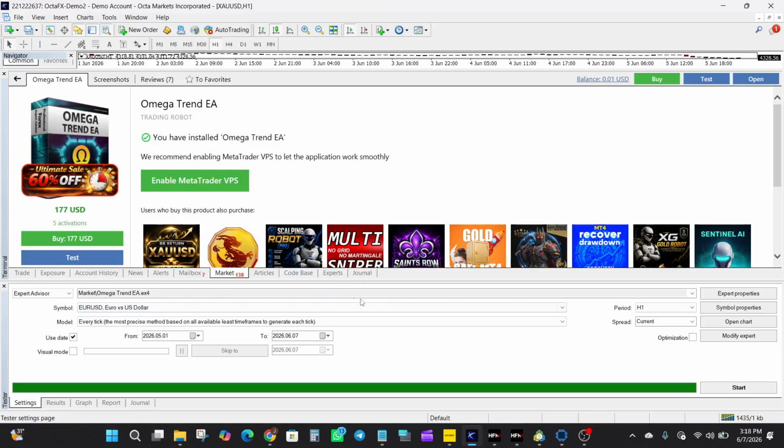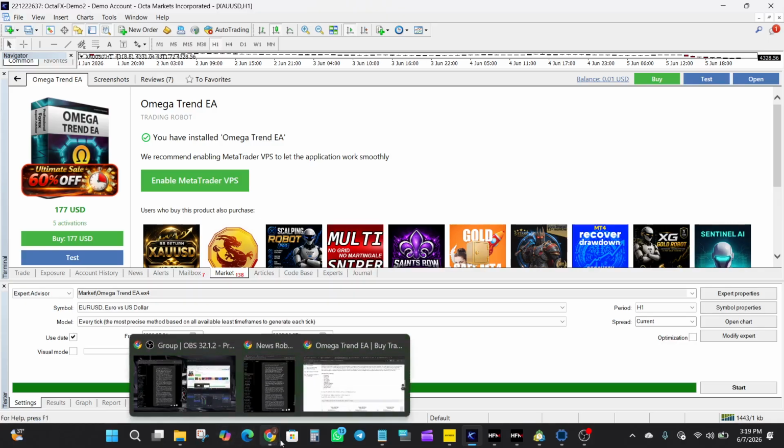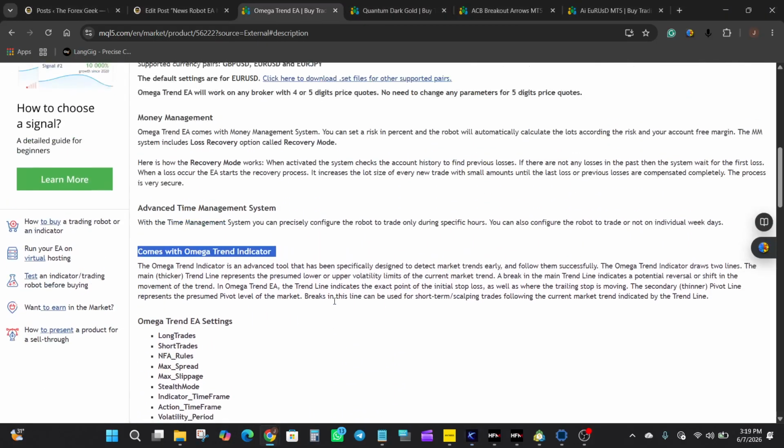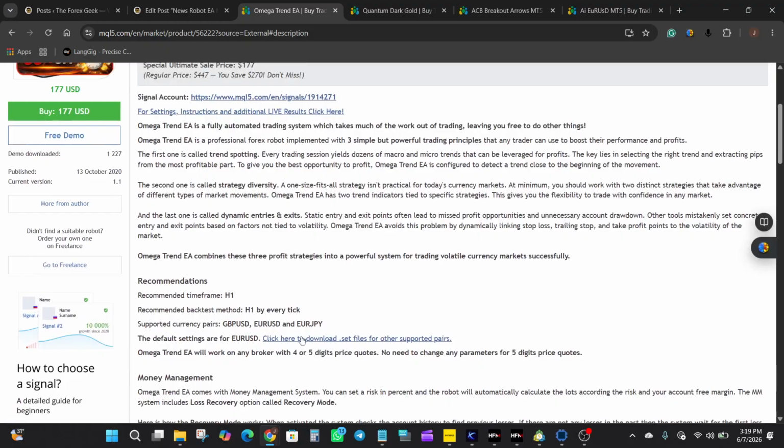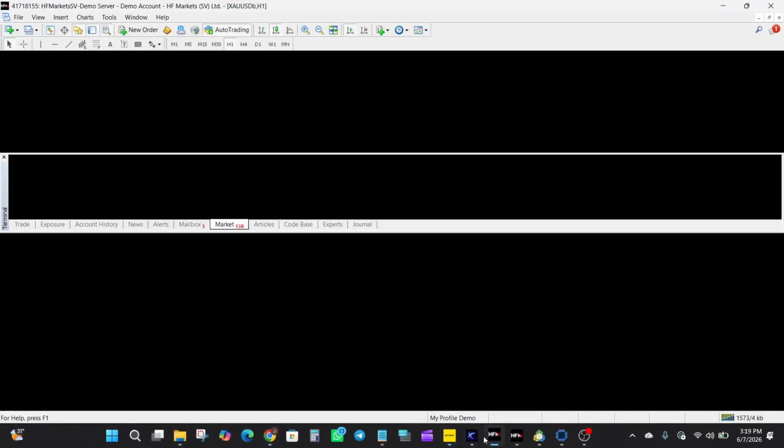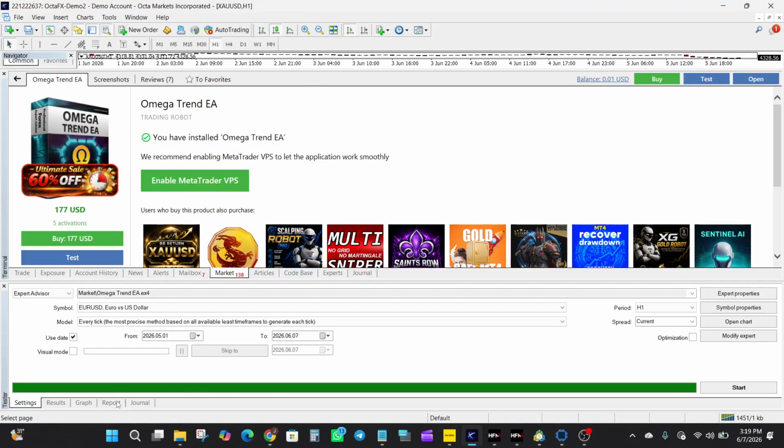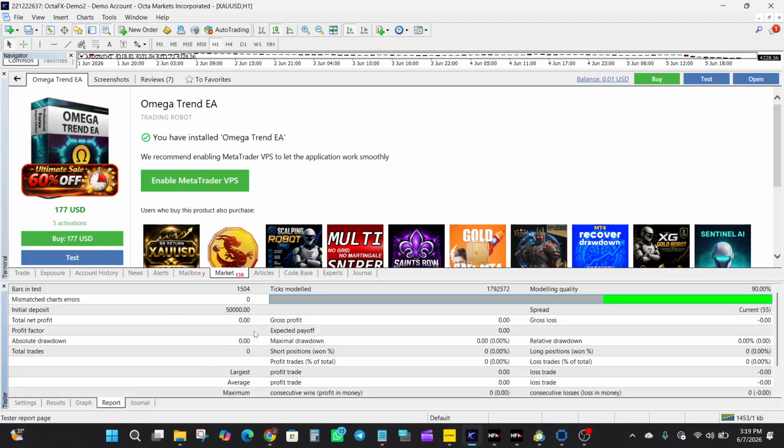You can see here the Omega Trend. We tested it on the recommended currency pair Euro USD, tested it on H1, and despite using the recommended settings, which the default settings are optimized for, I can see that we didn't have any trade executed.